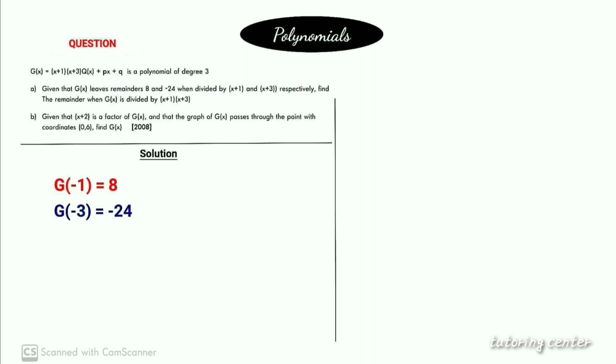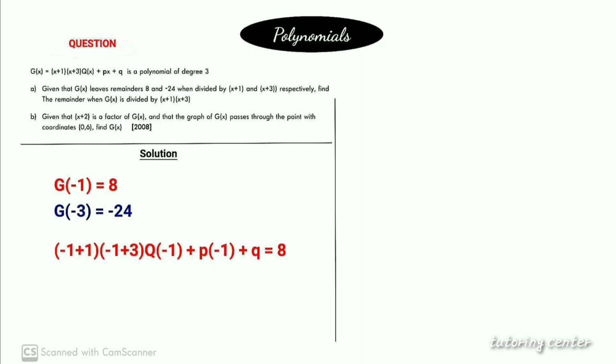G of negative 1 just means we substitute negative 1 anywhere we find x, which is here, even here also, and we see how that goes with simplification.